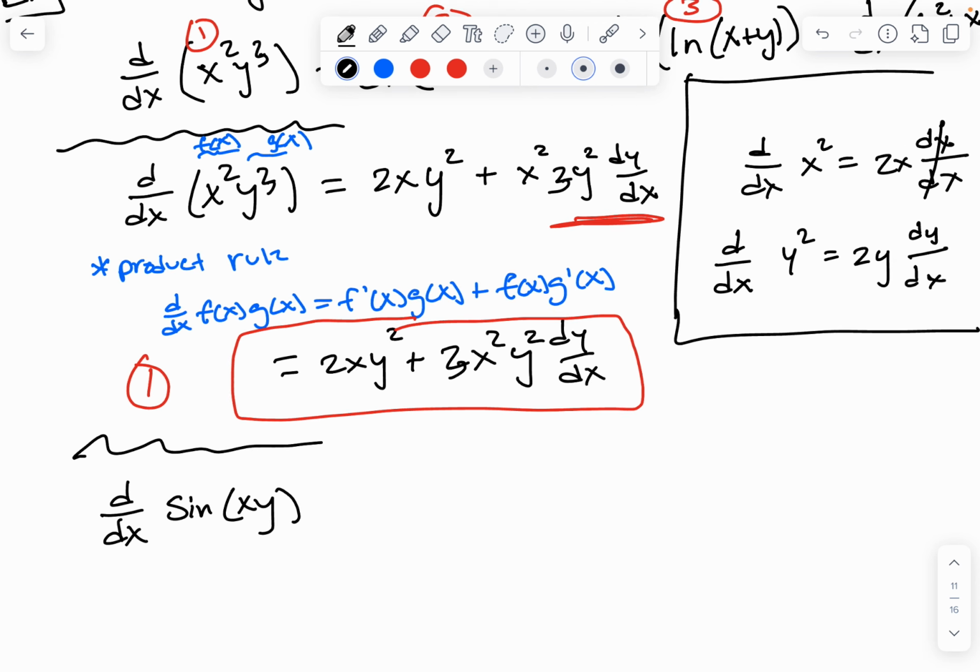So we have the derivative of sine xy. Here we have the chain rule again, because we have a function within a function, right? So I'm just going to make a little note of that. This is chain rule.